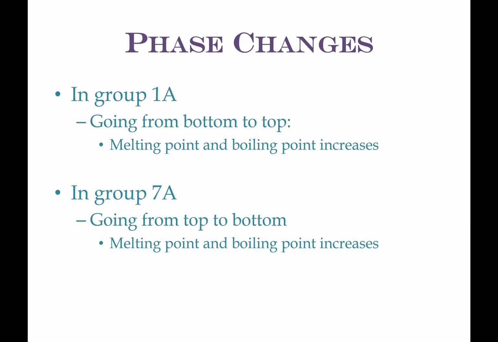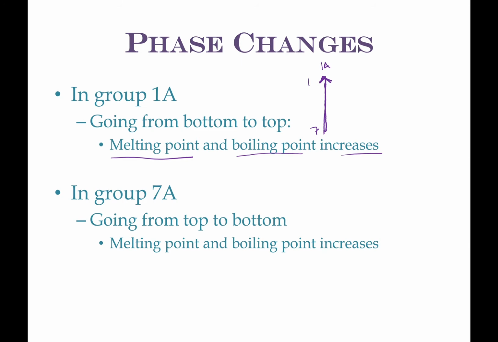So in group 1A, we actually see a trend that's a little bit different. We're going from the bottom of the periodic table to the top, so from row 7 all the way up to row 1 in group 1A. We're actually going to see the melting point and the boiling point increase as you go from the bottom to the top.